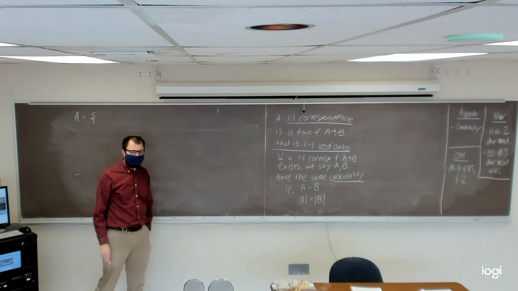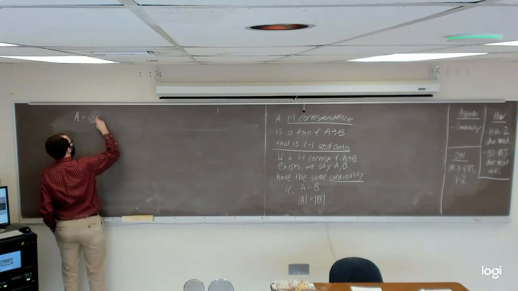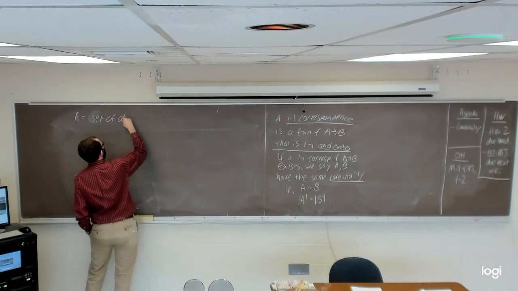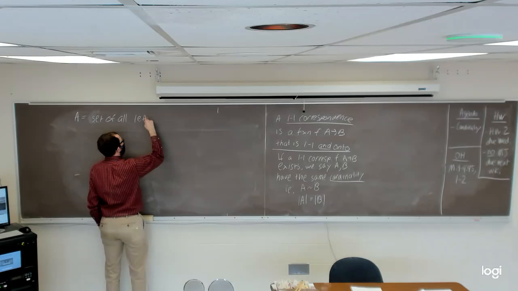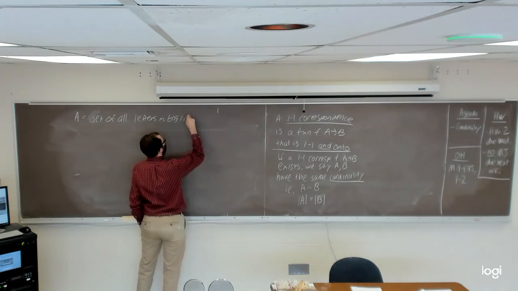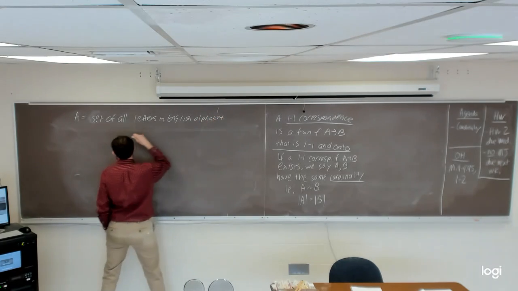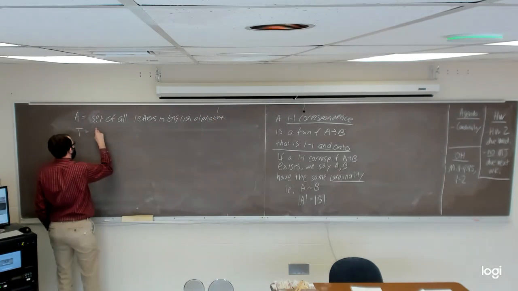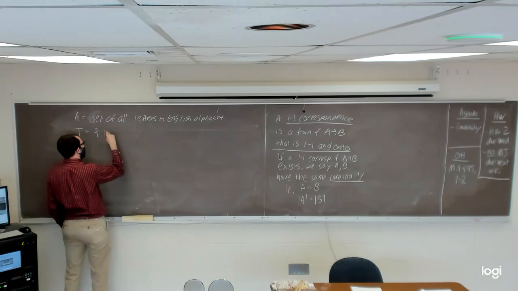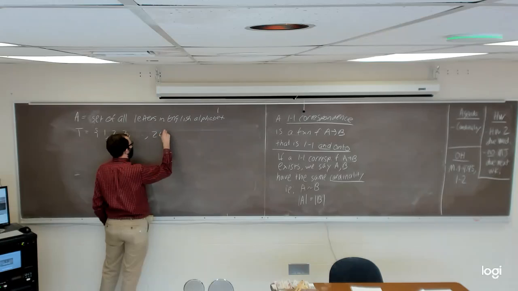Set A is going to be the set of all letters in the English alphabet. And a set T, which is going to be the set of all natural numbers, 1, 2, 3, all the way up to 26.